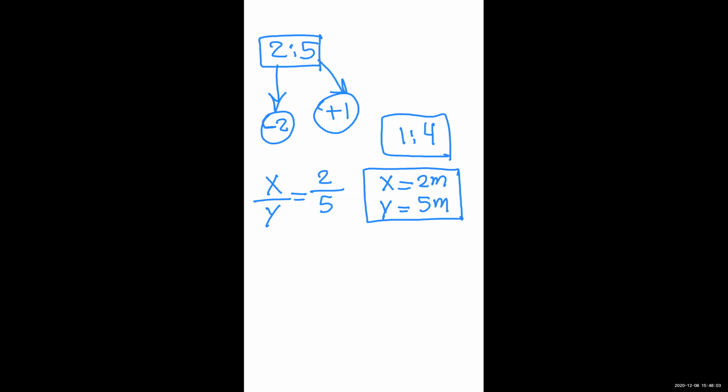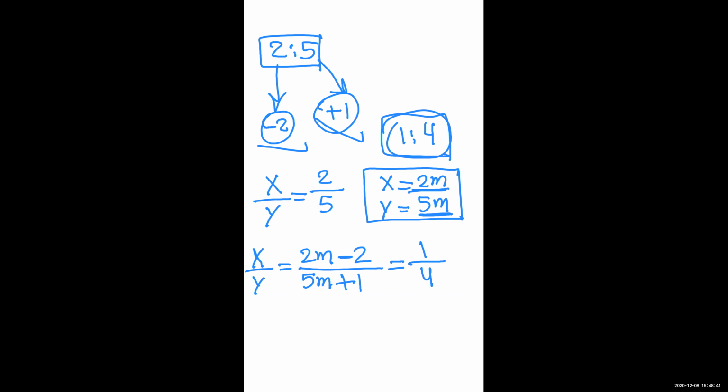We said that we will subtract 2 from the first and add 1 to the second. So x over y will equal 2m minus 2 over 5m plus 1, which equals 1 over 4, the given ratio.